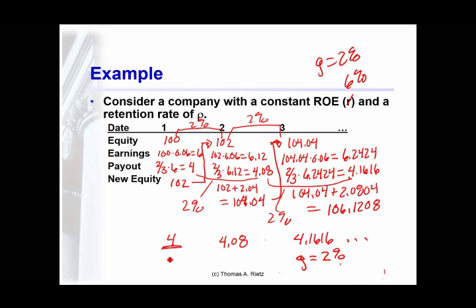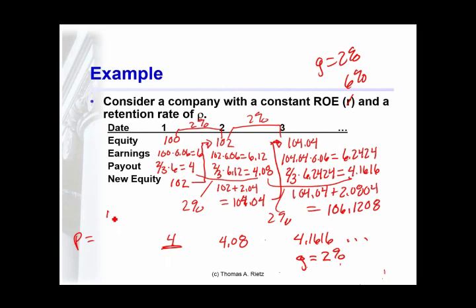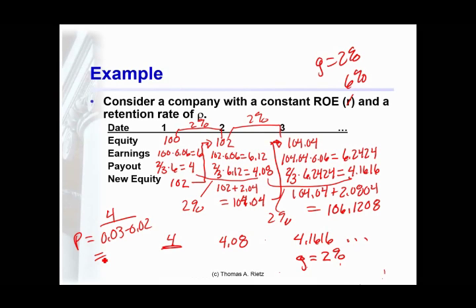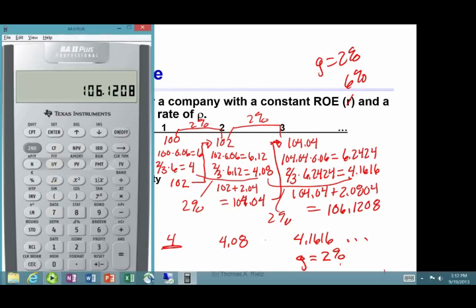So if, for example, the return was 3% per quarter, the price of this would be 4 divided by 3% minus 2%, which is $400.